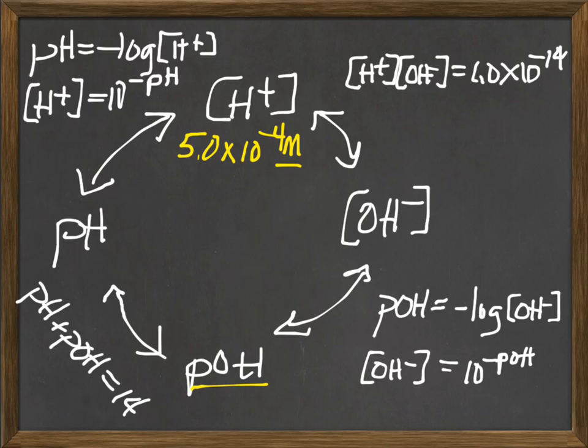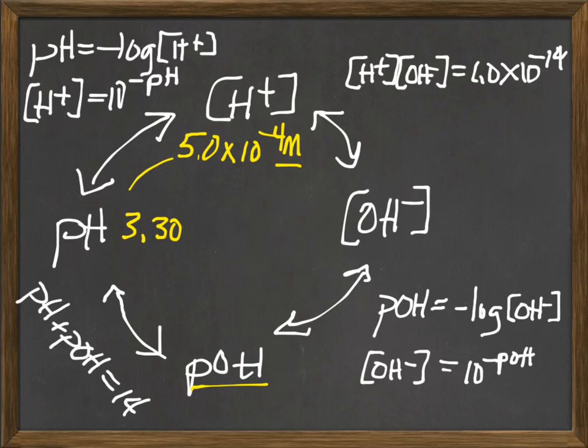So I'm going to take 5 times 10 to the minus 4. I'm going to take the log of that and change the sign. And that's going to show me that the pH for that solution is 3.30. Say that again? Yes.